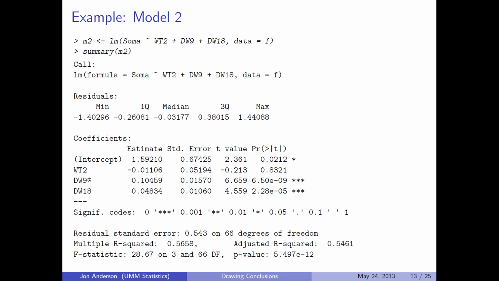A 1 kilogram increase in the change between age 9 and age 2 gives you a 0.1 somatotype increase, and these are quite significant. So we get an improved ability to understand the coefficients and to believe the coefficients have meaning when the predictors are not quite so correlated with each other.